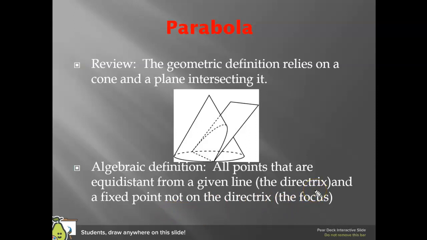All right, so when we talk about the algebraic definition, remember the algebraic definition of the circle was the set of points that are all equidistant from one single point. A parabola is going to be the set of points. So again, you're talking about that edge, that set of points out here that are the same distance from a line and a point. So instead of all being the same distance from one point, they're the same distance from a line and a point.